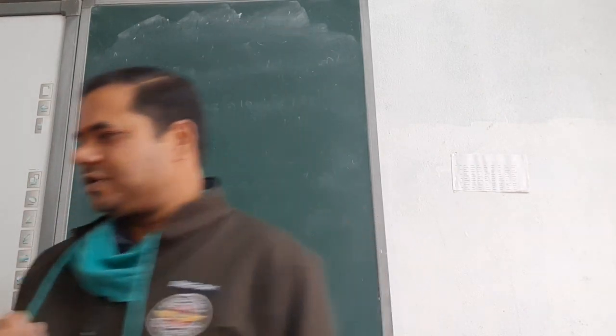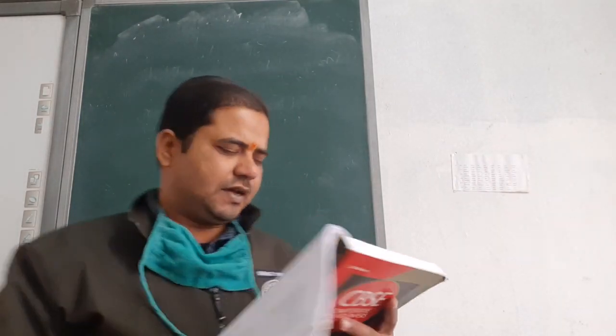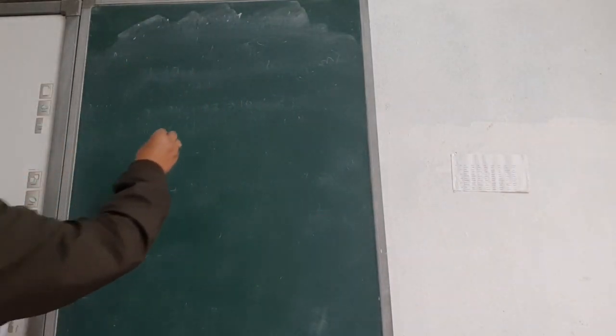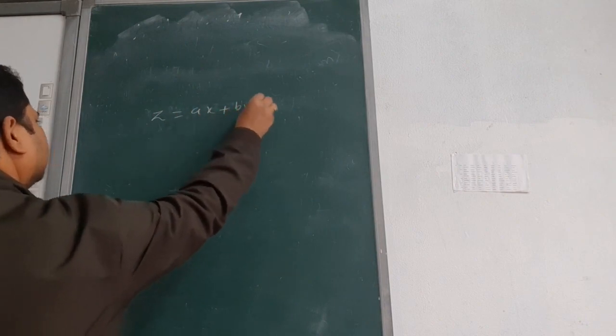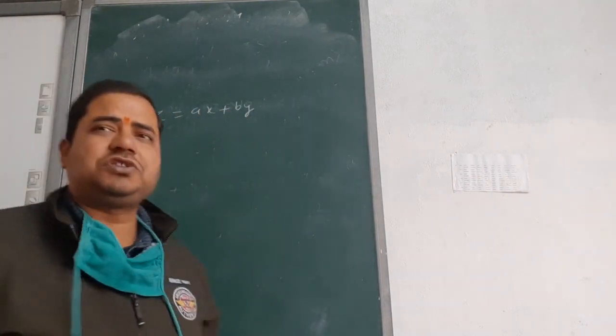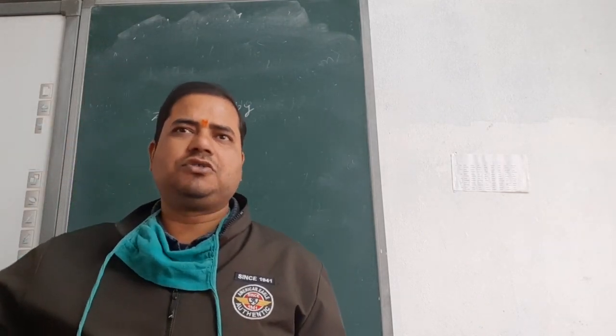Okay, next question. 8. In an LPP, that is linear programming problem, if the objective function is z equals ax plus by, most probably this type of question will occur in the 2021 examination.